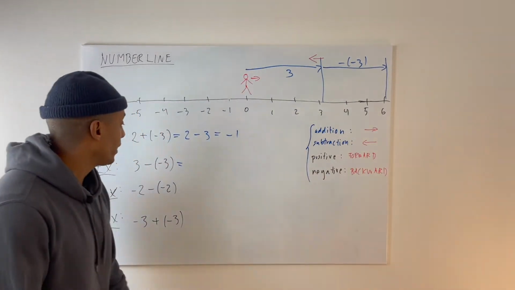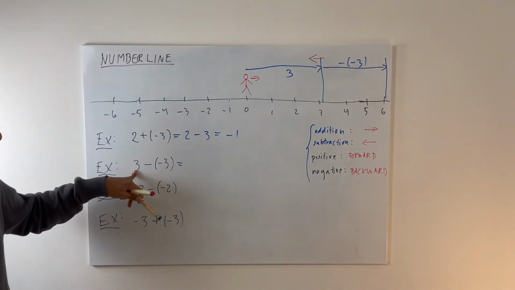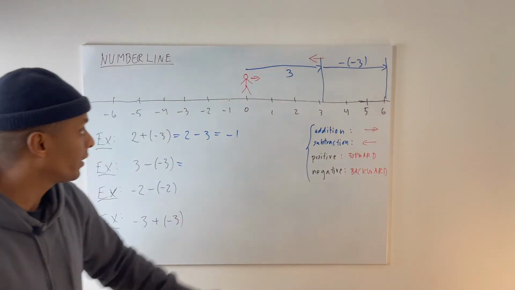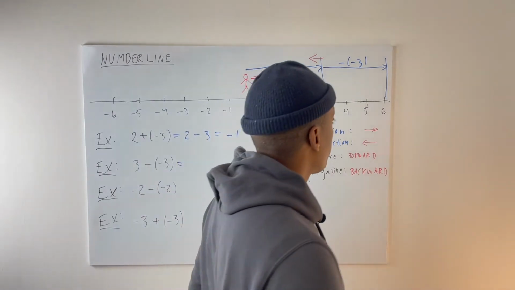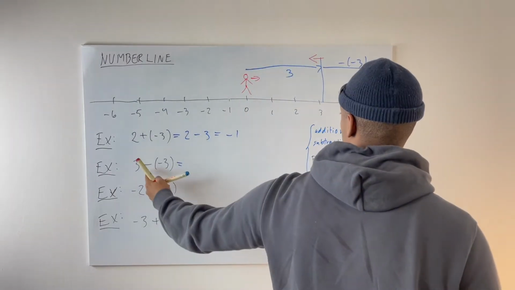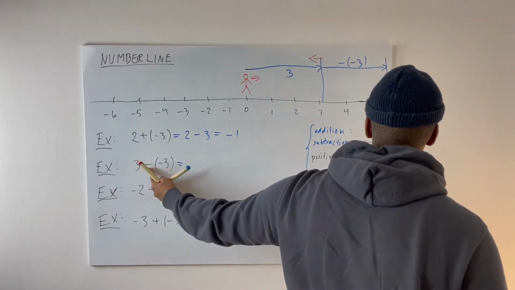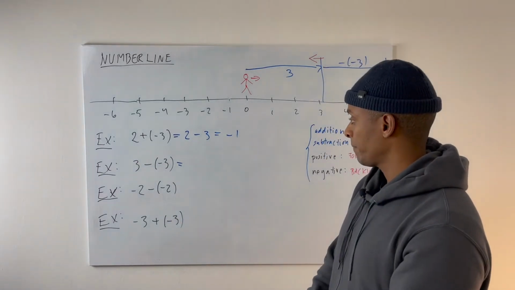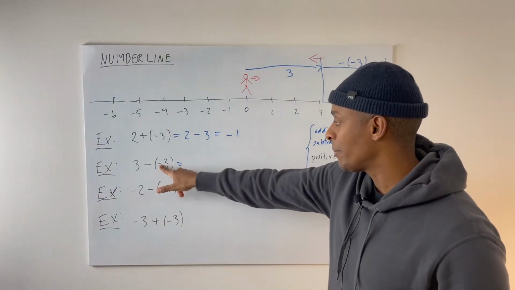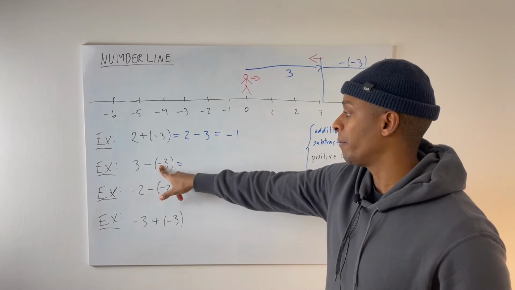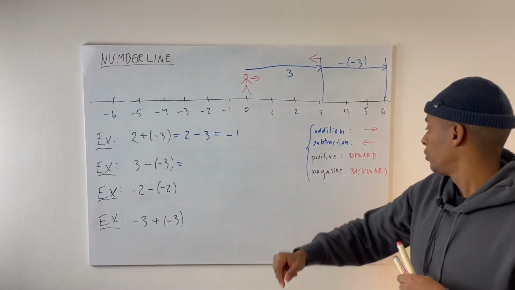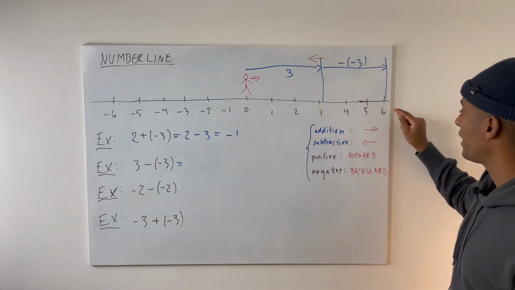We were facing this way. It was a positive number, so we go forward. 1, 2, 3. Then we have a subtraction. Subtraction means face this way. And then we have a negative number, which means walk backwards. 1, 2, 3. And we ended up at 6.